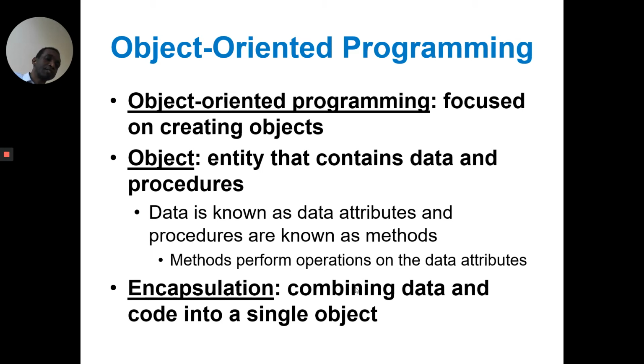So these objects have attributes and methods. Another name is that they have a state and a behavior. The state would be the things that come with the object by default.